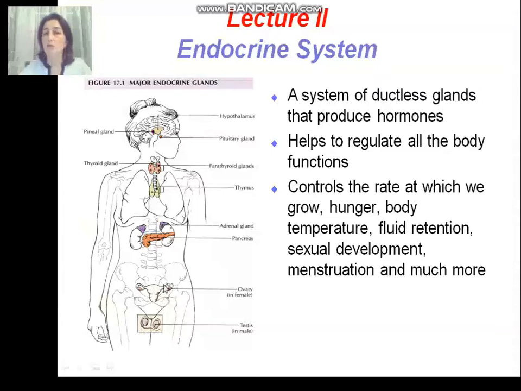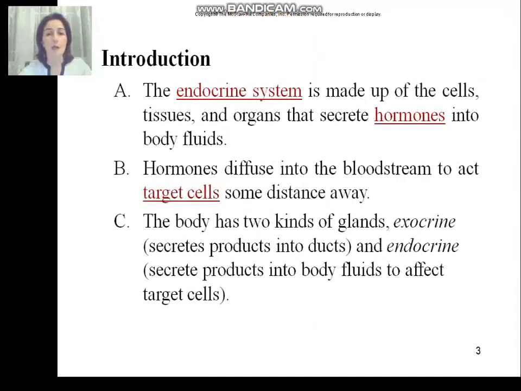They also provide production of hormones. At the same time, they have another function: they produce sexual cells. So the endocrine system, as I just mentioned, comprises organs, tissues, and cells that secrete hormones. They will reach their target cells.